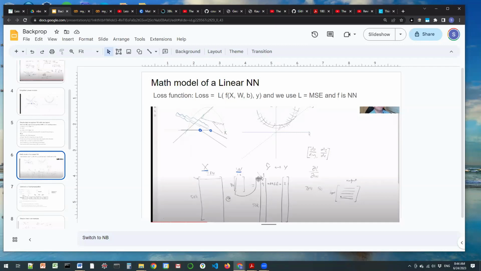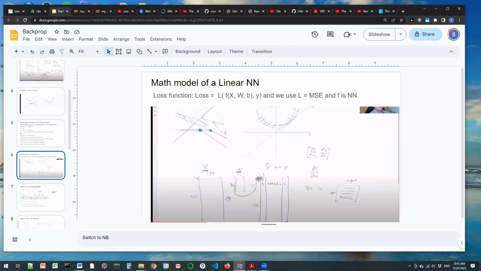Remember, the network is 2 linear layers, a ReLU in between, and the MSE function is something that we have stuck at the output. What we are now saying is we start off with a random set of values for the weights and the biases that we have introduced for the linear layers in the network.